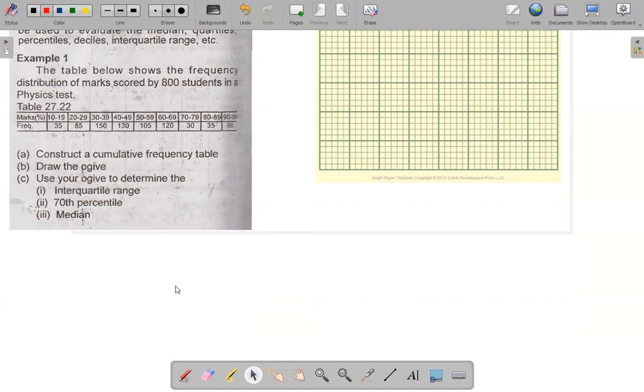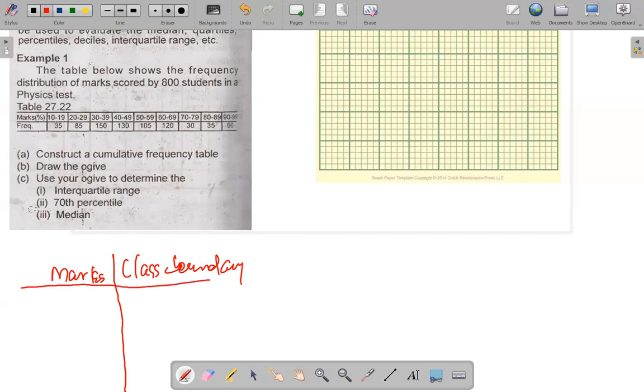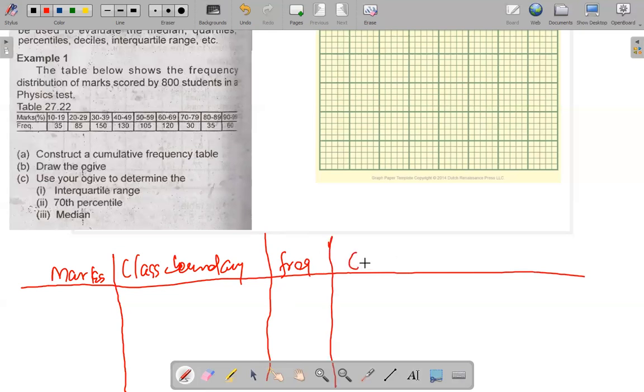What I have here is intervals, so I'm going to turn those intervals into class boundaries, which is what we need to calculate to plot the Ogive. We also need the cumulative frequency, but before that, let's get the frequency. It's from the frequency that we get the cumulative frequency.